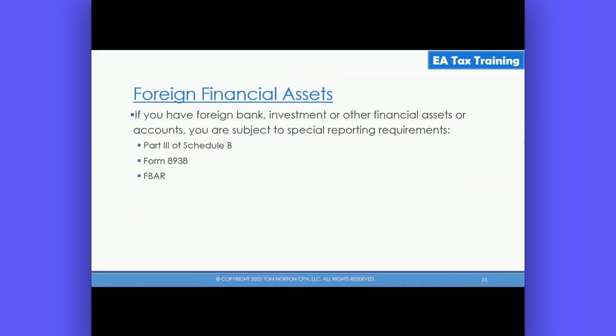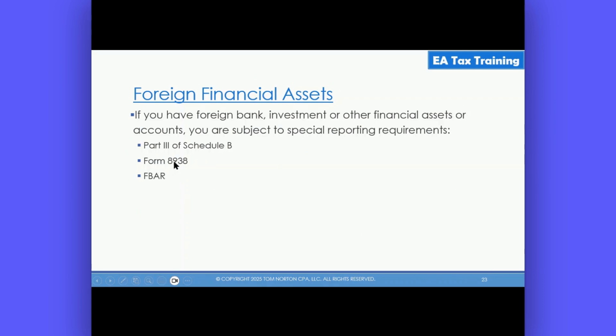Now we're going to switch from foreign income to foreign financial assets. If you have a foreign bank, investment, or other financial asset or account, then you are subject to special reporting requirements. Those requirements could include any of or all three of these listed on your screen: Part 3 of Schedule B, Form 8938, and an FBAR.